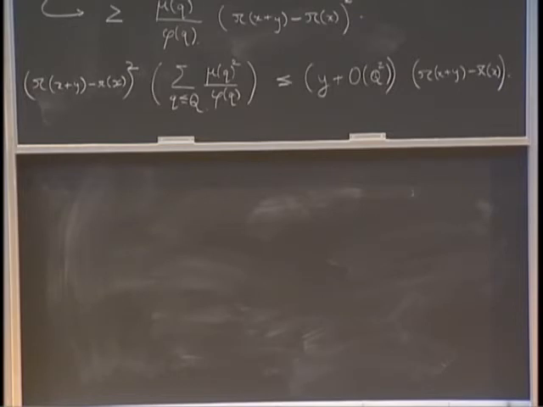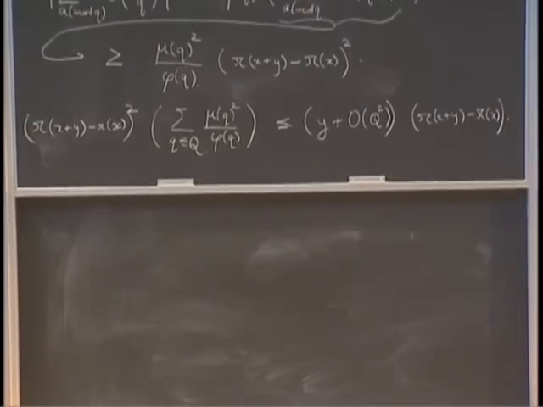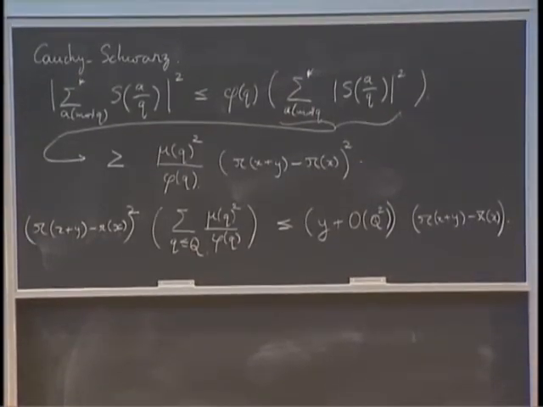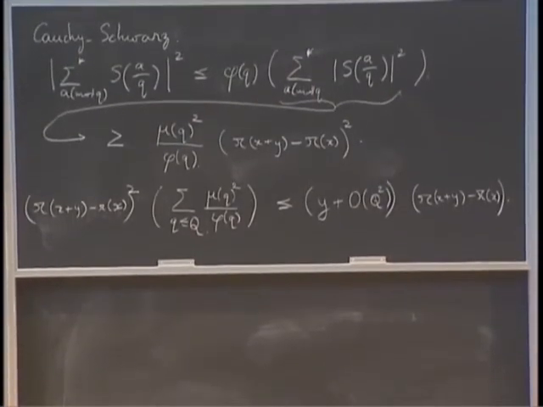The only problem is, I'm not summing reciprocals of primes, I'm actually summing over reciprocals of all numbers up to Q. Q doesn't have to be a prime. So in fact, this quantity would be of size log of capital Q. I should choose Q to be of size square root of y, and then I get a bound which is like y divided by log of y with a constant 2. Right?